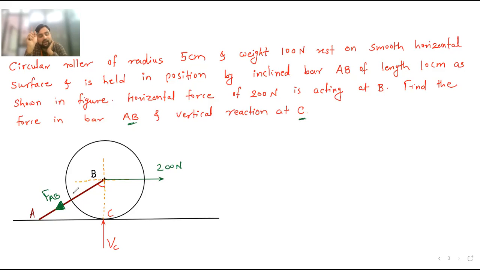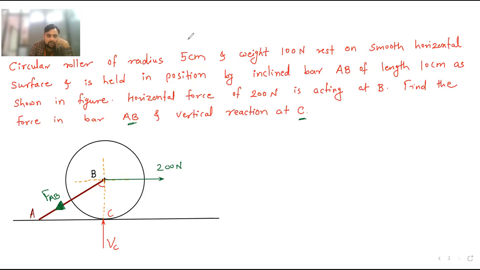That I have shown over here. But if we get negative answer, then we can say that it is not a pull, it is push. So this is the diagram now. Now we need to find out the force in bar AB and vertical reaction at point C. So here you can see this length.